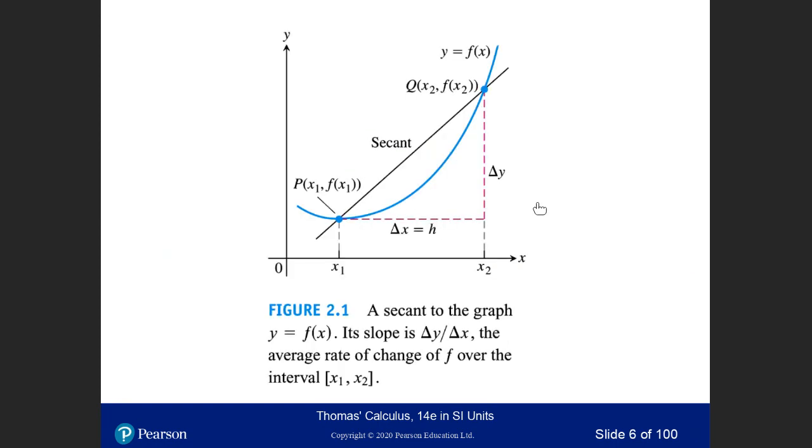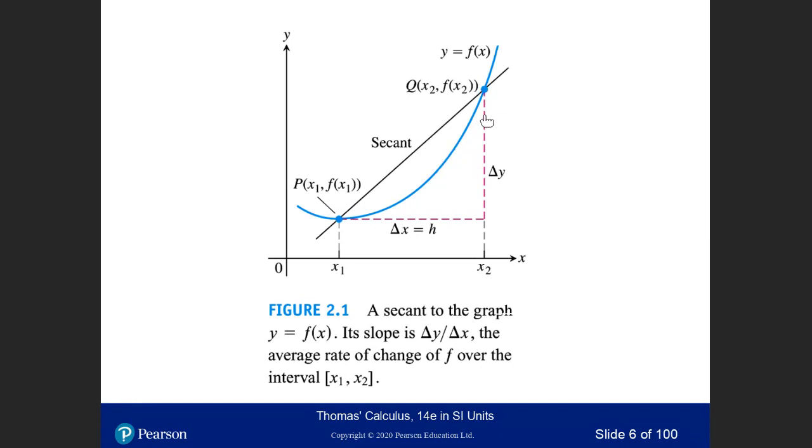Okay, now let's look at it geometrically, what's happening. Here we have a function f of x, that's x1, so you have a point P at f(x1) and x1. Okay, f(x1) is the y coordinate, this is y1, and here x2 and y2.